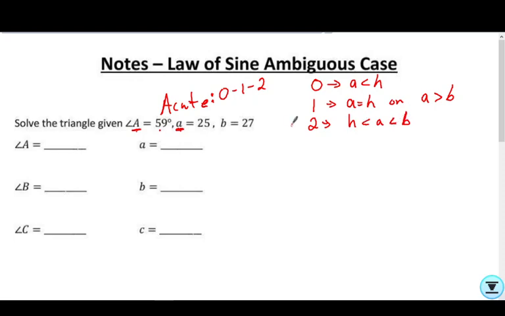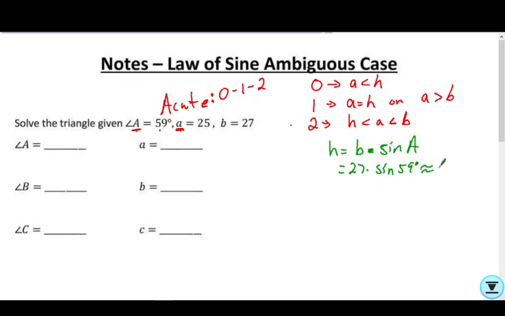Okay? So the first thing you do is you look at it and you go, okay, well, A is smaller than B. So I know that I could still have 0, 1, or 2 solutions. So the first thing I need to do is find my height. The height equation for this is height equals B times the sine of angle A. So that means we do 27 times the sine of 59 degrees.